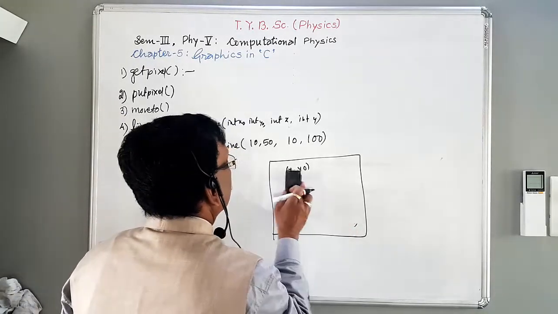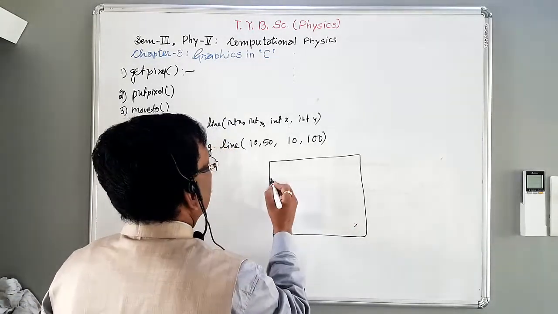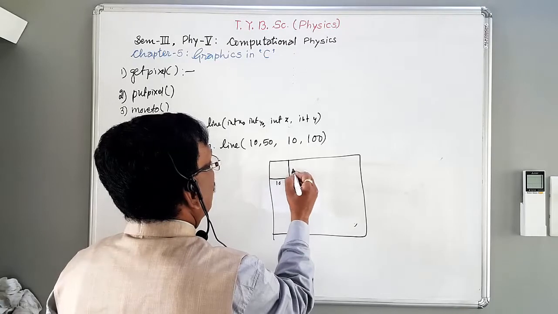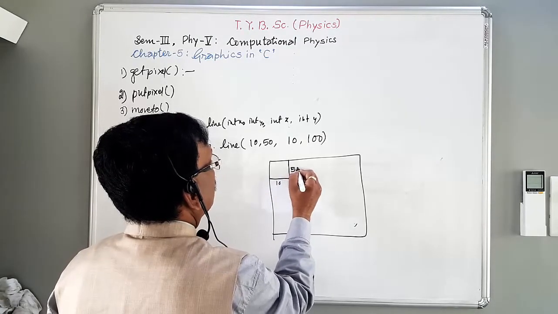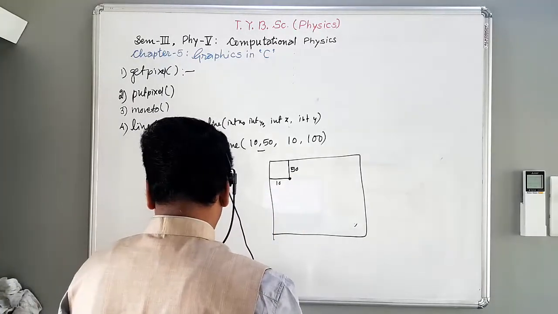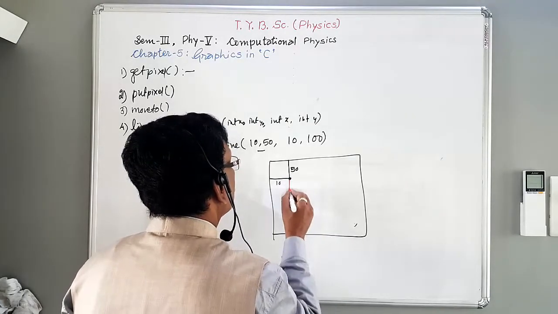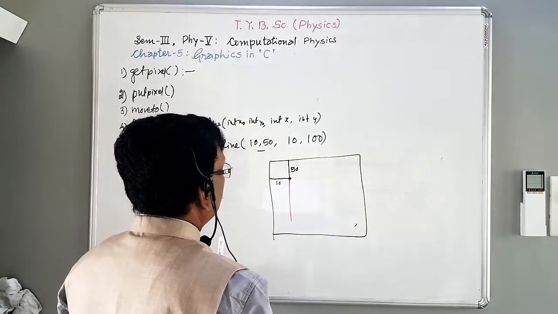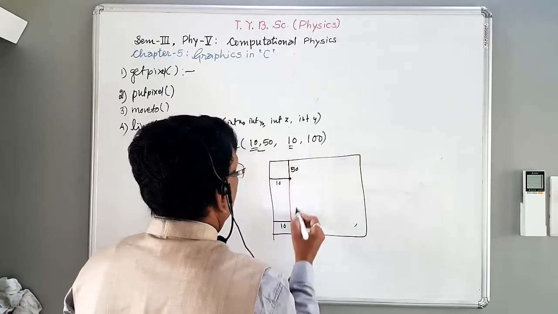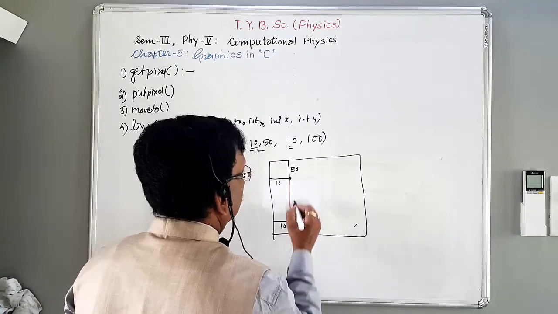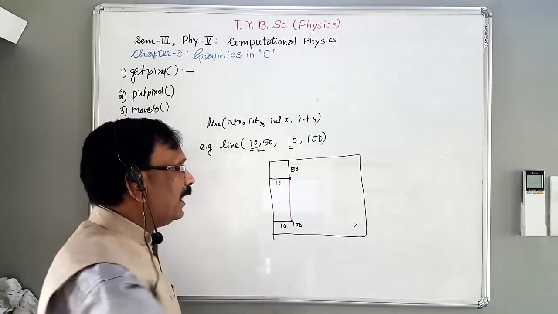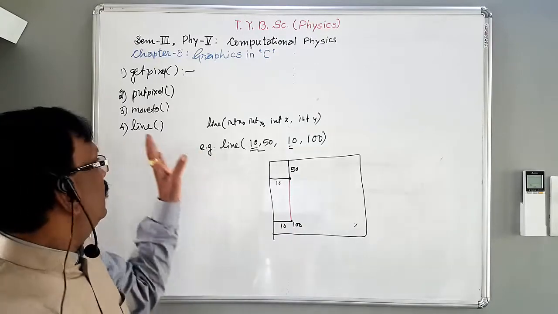Suppose this is the x0 and y0 coordinate, x is 10 and y is 50 for this first point. Then the line is drawn like this up to this point. Here the x coordinate is again 10 and the y coordinate is 100. Okay, this is the new position. In this way we can draw a line shown in red color on the computer screen by using this line function.